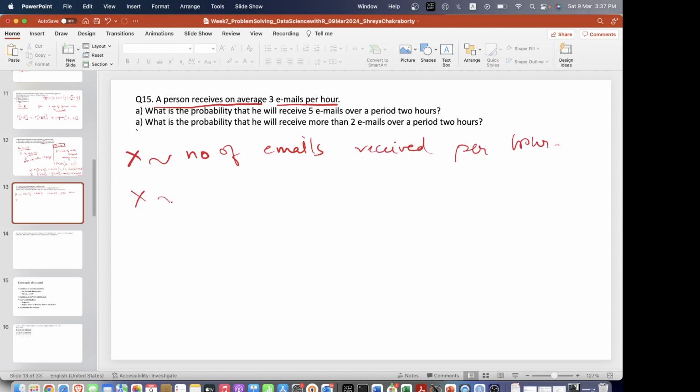The question we have to see first is, what is the probability he will receive 5 emails over a period of 2 hours. So let X be the random variable, the number of emails received in 2 hours.